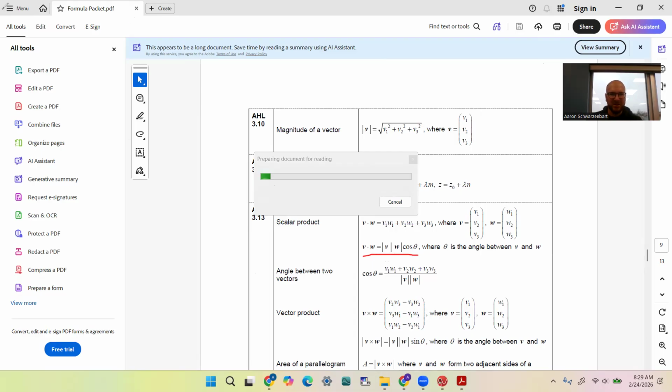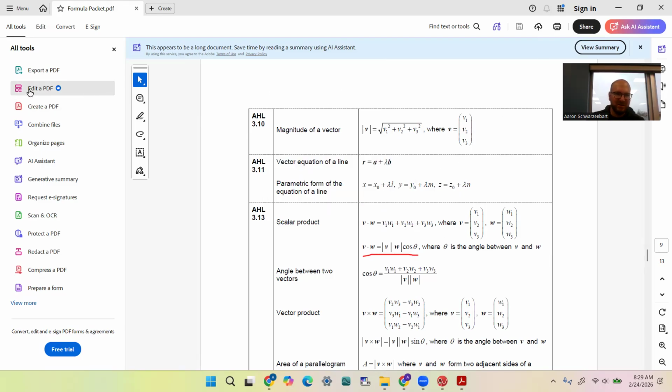It's kind of a weird thing. The main thing it's useful for is finding the angle between them and using this formula. You use that a lot.